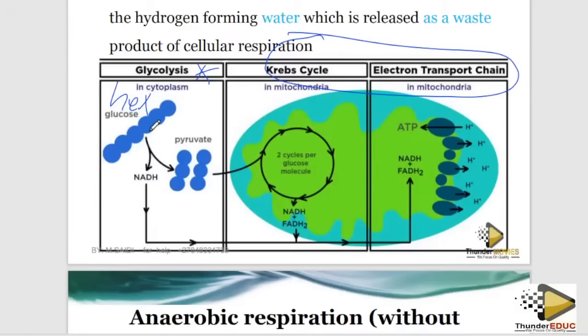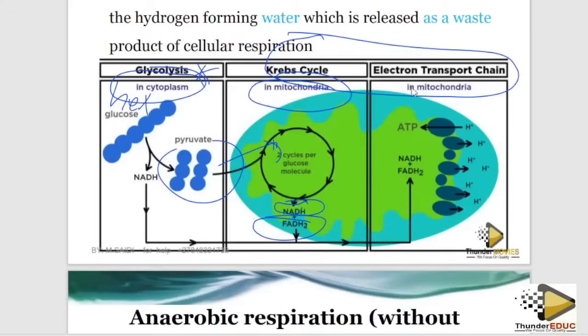Where does this occur? It occurs in the cytoplasm. Then these two enter the mitochondrion. When they enter the mitochondrion, it undergoes a chain of reactions, and NADH is produced, and FADH2. These two also join the electron transport system.